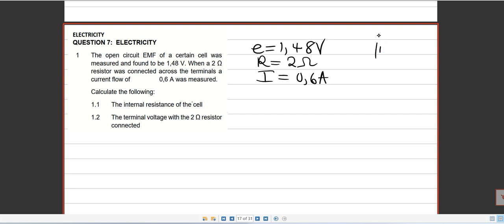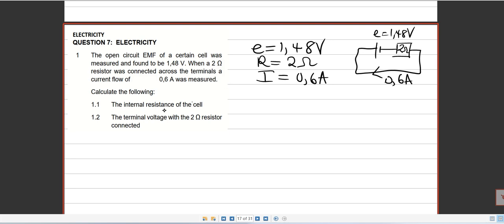We have a cell which has an EMF of 1,48 volts. Then we have a resistance of 2 ohms, and when this 2 ohms is inserted across the terminals, the current passing through is 0,6 amps.